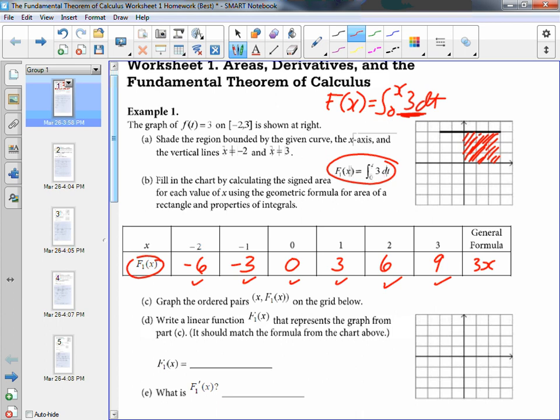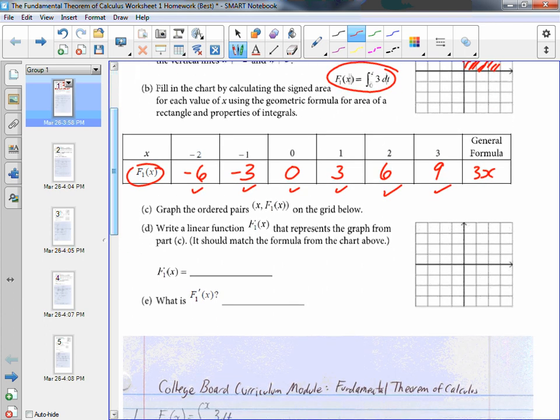All right, part C, graph the ordered pairs on the grid below. All right, so let's do that. So I've got -2, -6, 1, 2, 3, 4, 5, about right there. -1, -3, 0, 0, 1, 3.